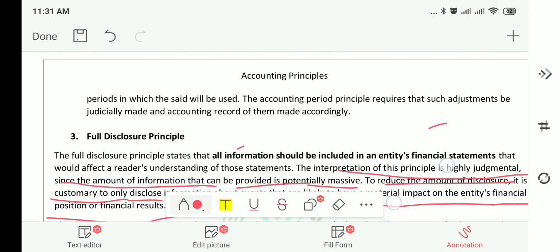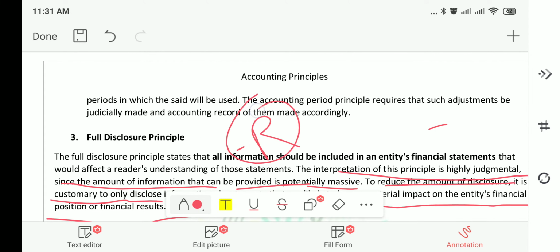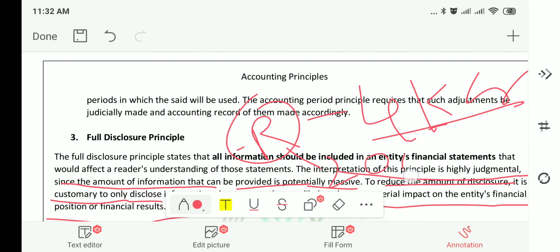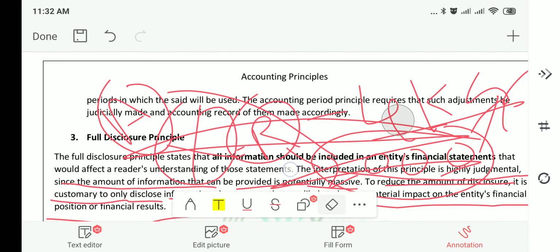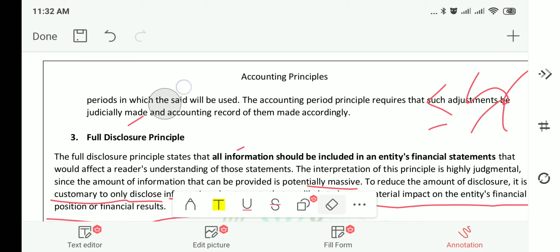The meaning is nothing but for Reliance, which has 4,000 crores of net capital, 2,000 doesn't impact. And if they didn't mention it in the accounting book, it doesn't matter, right? But for a capital of 10,000 rupees, 2,000 matters a lot, and if he didn't mention it in the accounting book, it will of course impact his business as well as the decision makers.